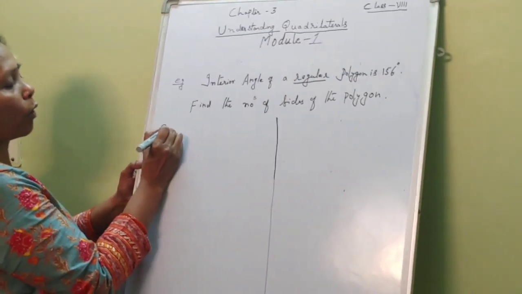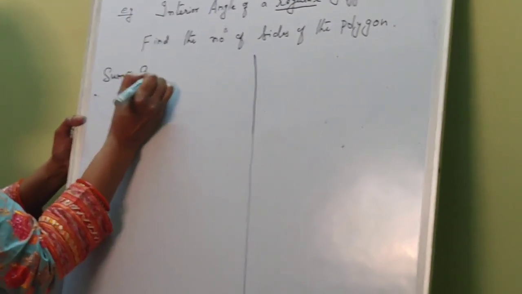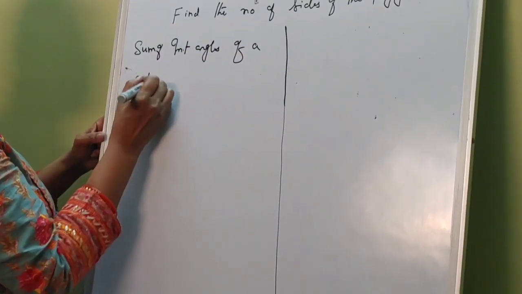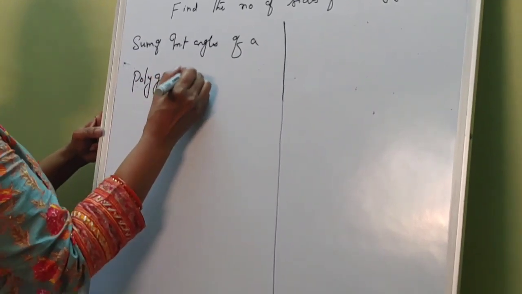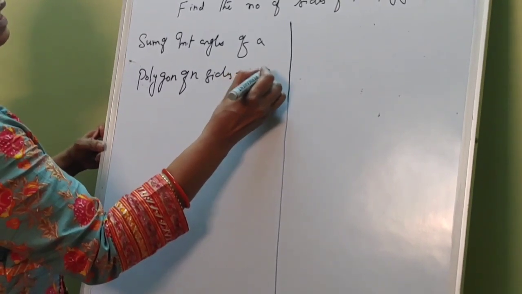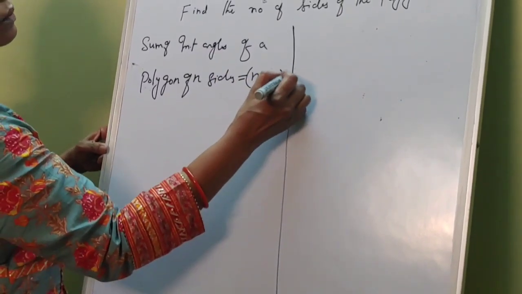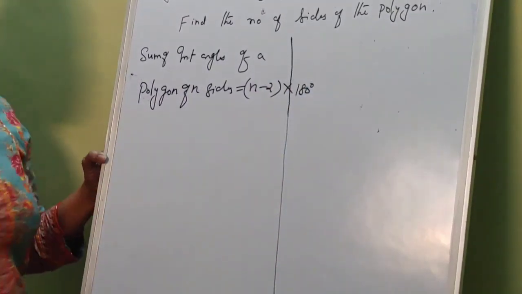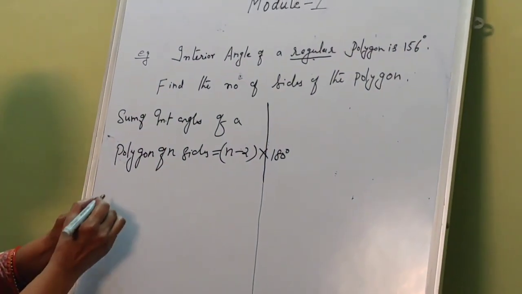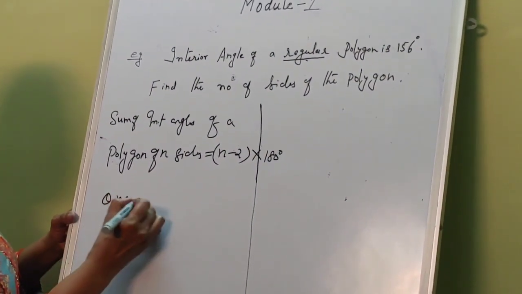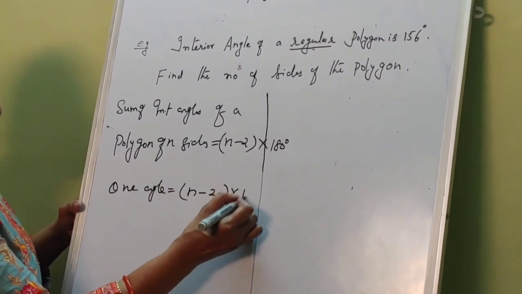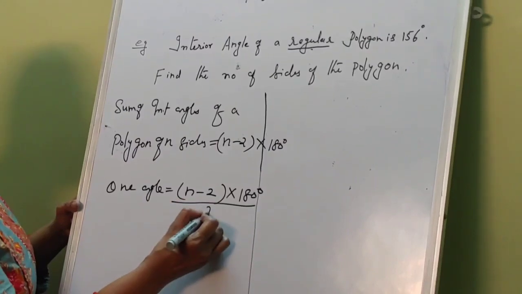We know the sum of interior angles of a polygon of n sides is n minus 2 into 180 degrees. But being a regular polygon, the measure of one angle is given, so I can write one angle is equal to n minus 2 into 180 upon n.